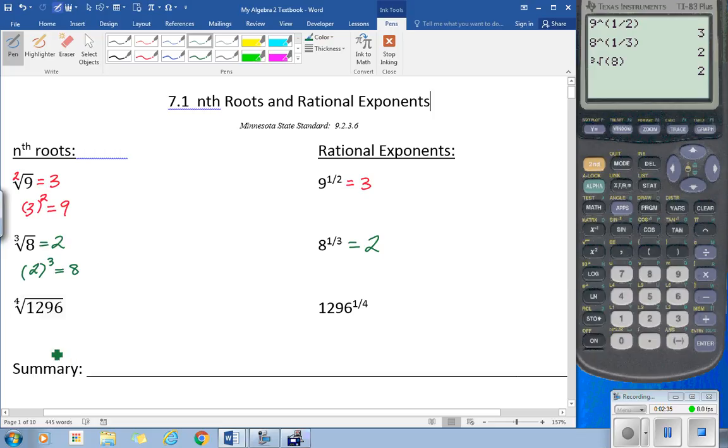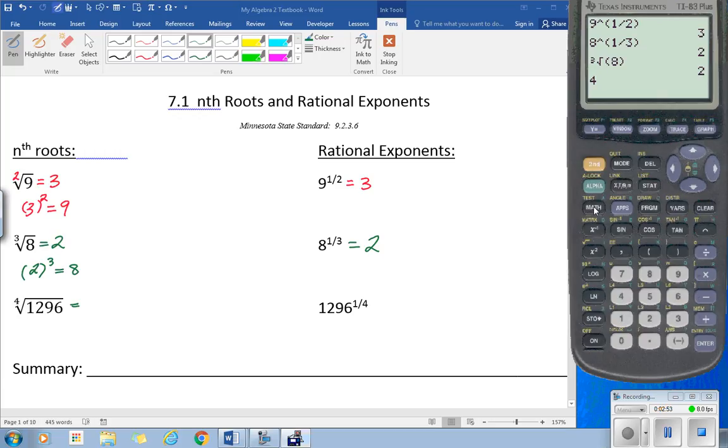It says the fourth root of 1,296. So we'd be looking at trying to find what number times itself 4 times equals 1,296. So we can do that here as well. To do any number other than the square root and the cube root, we have to type the index in. So we put the 4 in. Then we go into that math catalog, or the math options there.